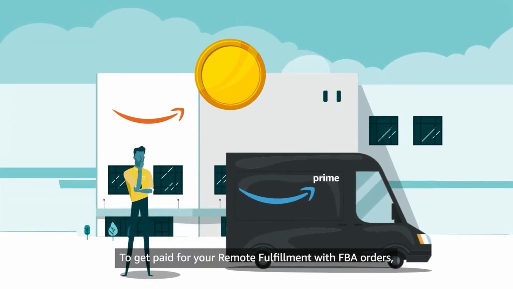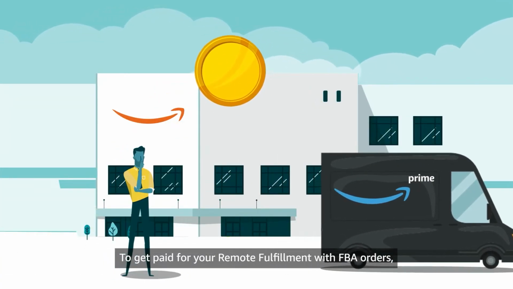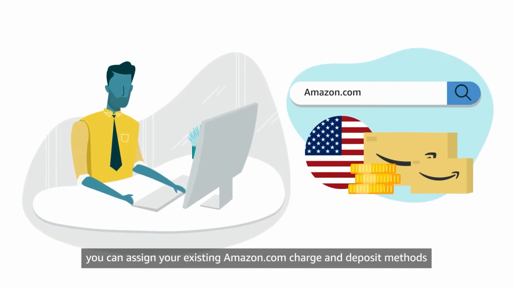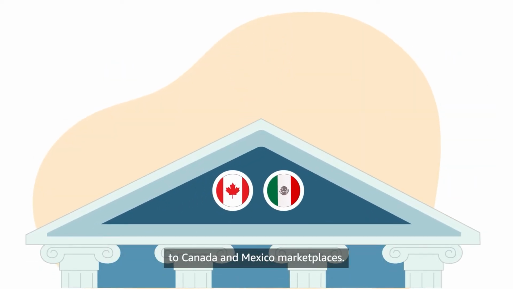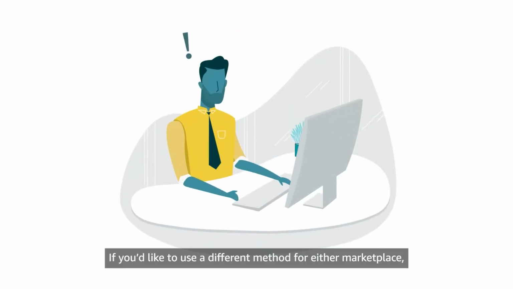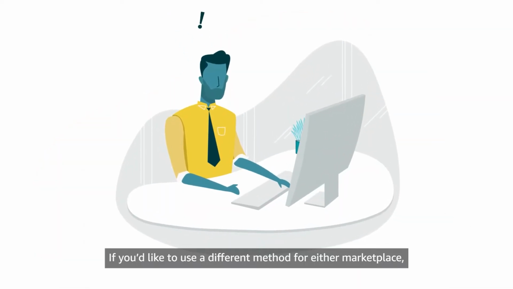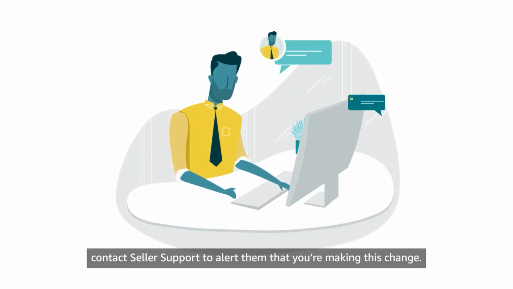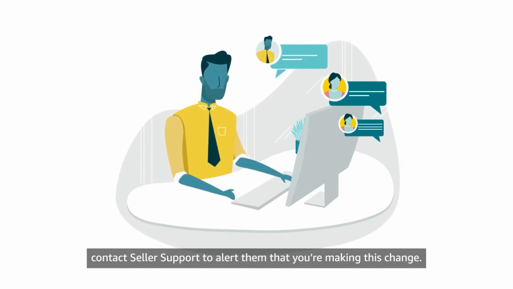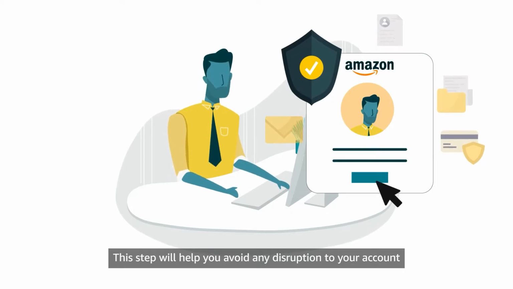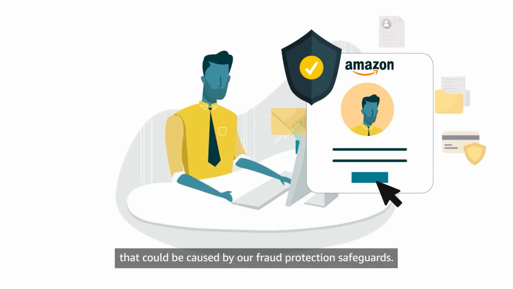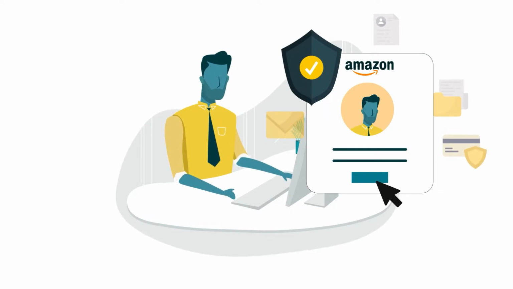To get paid for your remote fulfillment with FBA orders, you can assign your existing Amazon.com charge and deposit methods to Canada and Mexico marketplaces. If you'd like to use a different method for either marketplace, contact seller support to alert them that you're making this change. This step will help you avoid any disruption to your account that could be caused by our fraud protection safeguards.